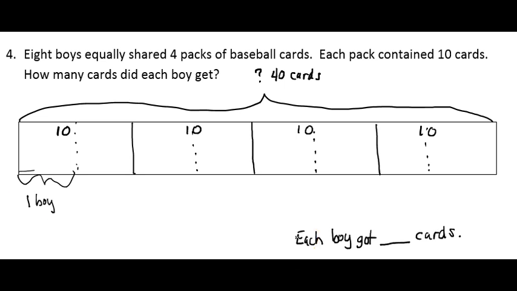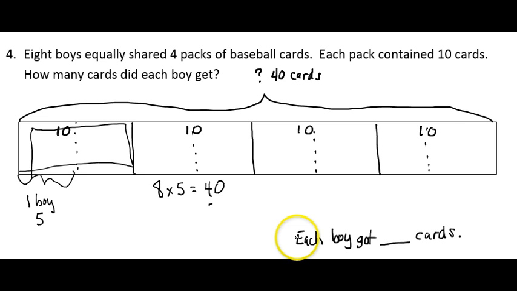Well, if this whole tape section here is 10, then half of it would be 5. So each boy then gets 5 cards. Another way to look at that is I have 8 sections. Each section has to be worth 5 because that gives me my total of 40. So each boy got 5 cards.